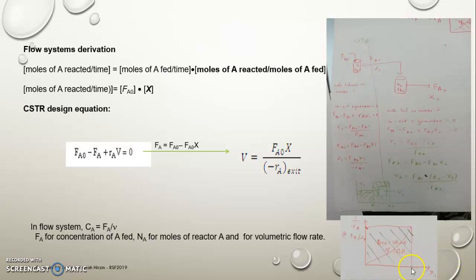So X2 ni, awak kena lorekkan semua daripada value 1 over negative RA ni, semua bawah graf. Kalau PFR awak hanya lorek area bawah graf sahaja. Kalau CSTR, value negatif 1 over negative RA pun awak kena plotkan juga.